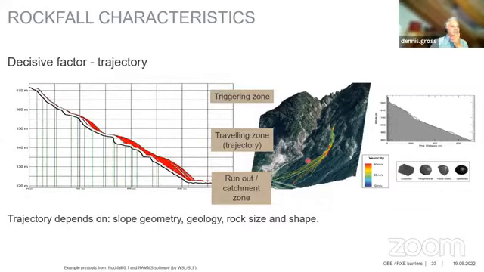And you can see here in this 3D simulation that if we would have done this as a 2D model, where would we have put actually the trajectory? Maybe like this, or maybe like this. So these are the important parameters: slope geometry, geology, then ruling a little bit the rock size and geometry.